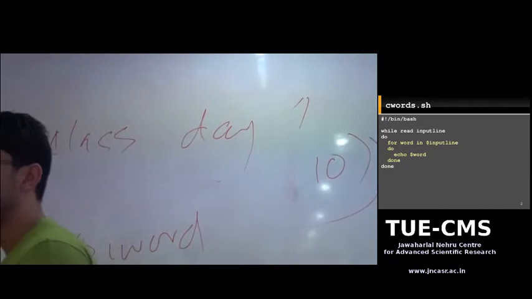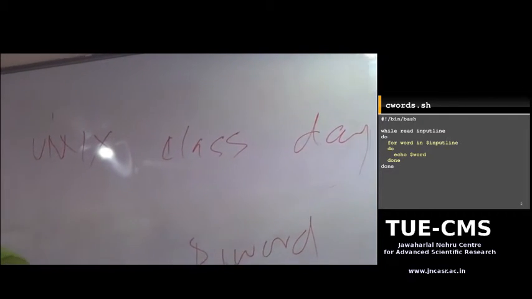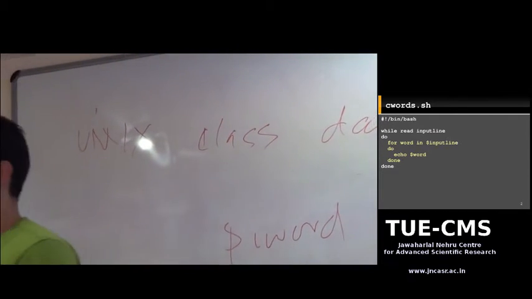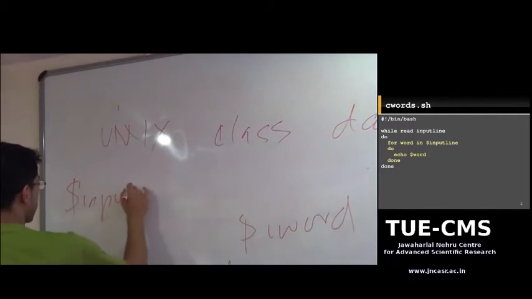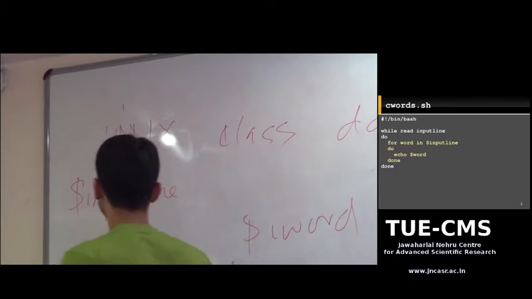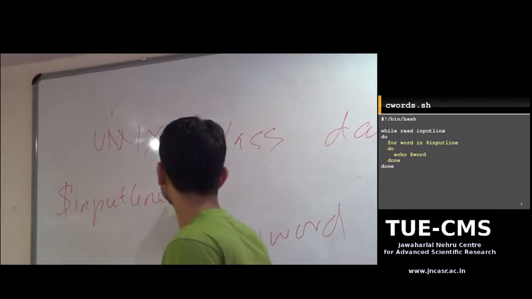This is the first line of a text file. When the read loop completes the first iteration, the variable $input line is going to have this string inside it.